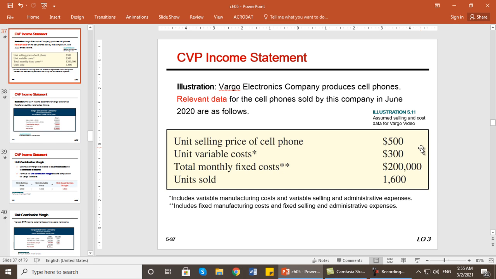This contribution margin is first used to cover the fixed cost, then to generate net income.